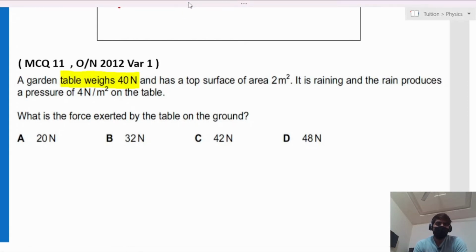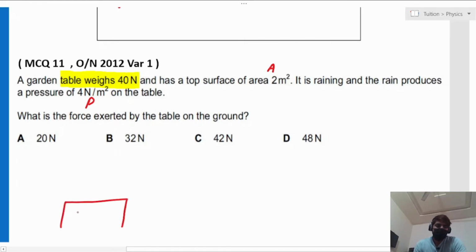This is the weight of the table, and the surface area of that table is 2 meter square. So you can call it A. It is raining and the rain produces a pressure of 4 Newton per meter square on the table. So pressure is given.